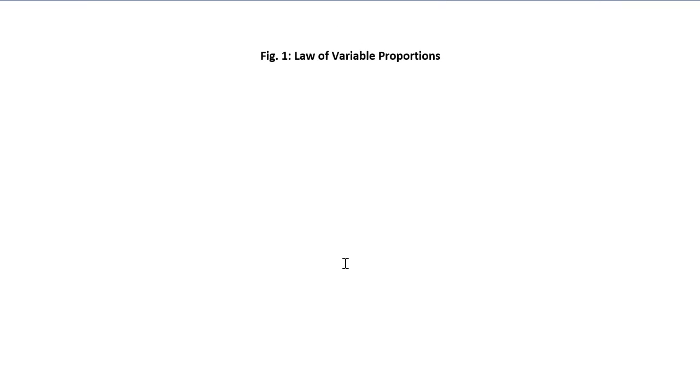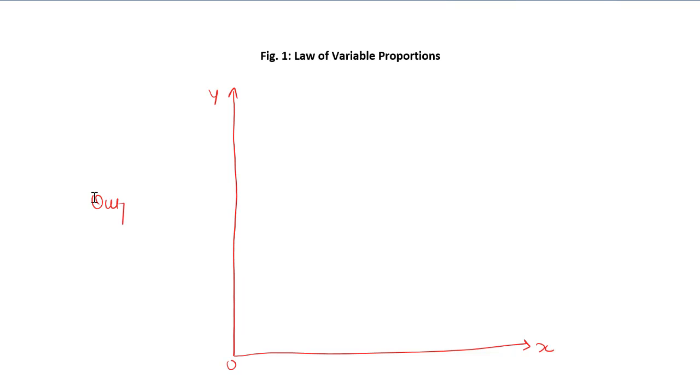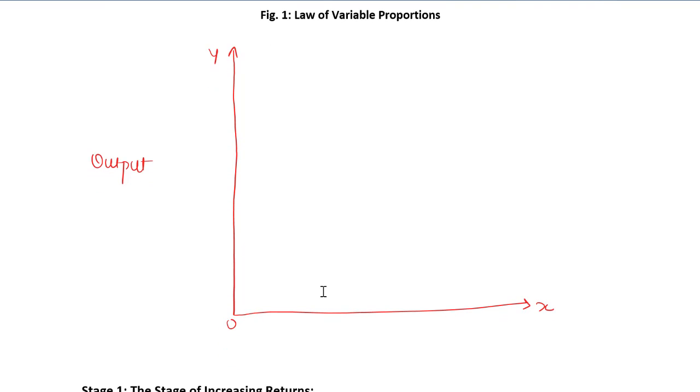I'm making the figure for you. This is the x axis, this is the y axis. On the y axis we are plotting output. On the x axis we are plotting the amount of variable factors.